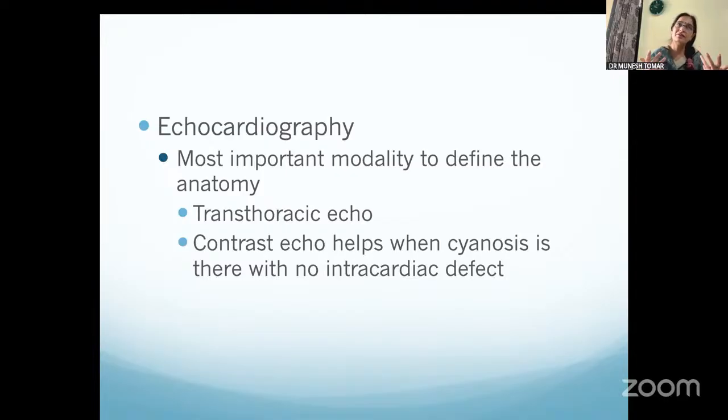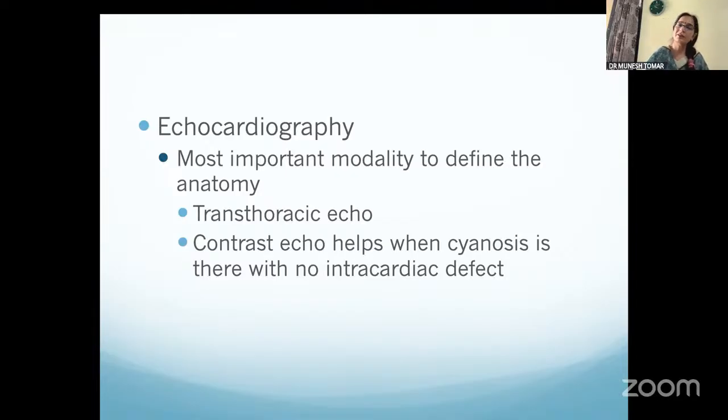ECG is one of the investigations which is very underutilized in pediatric practice, so we have to use it more. A hardly 100 rupees investigation tells you a lot. Like chest X-ray tells you a lot, in the same way ECG tells you a lot. If echo is not available, ECG we all can keep in our ICU. This is another important investigation.